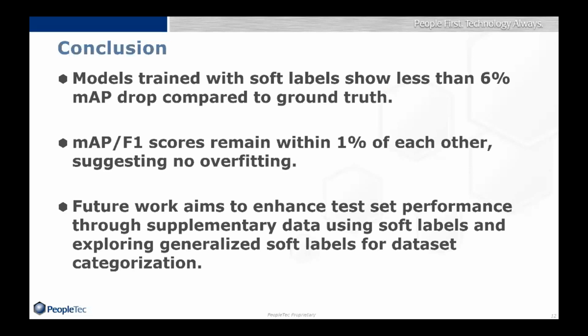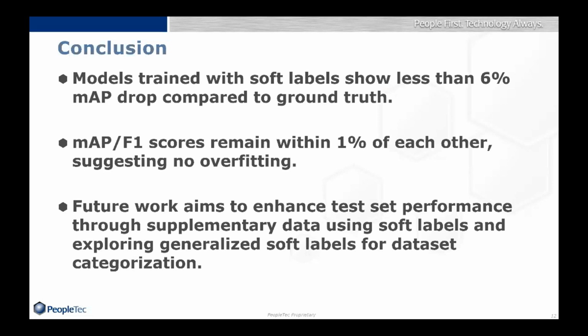This suggests that the soft labels are not overfitting to the training data. And so these results validate that rapid object detection data sets can be created with soft labels, and that soft labels can be used to train models with a high degree of accuracy.